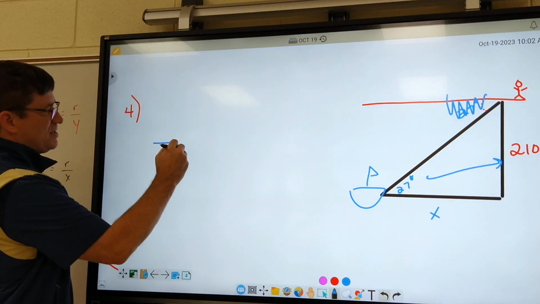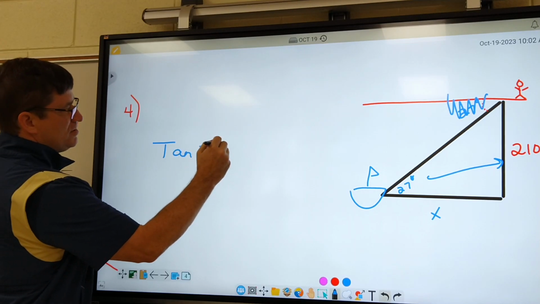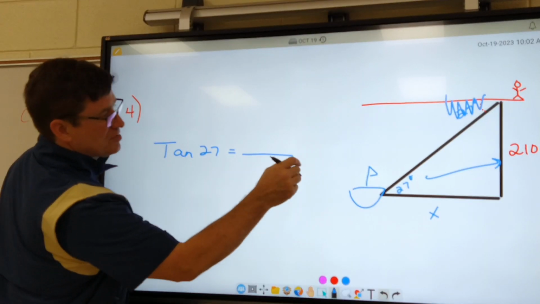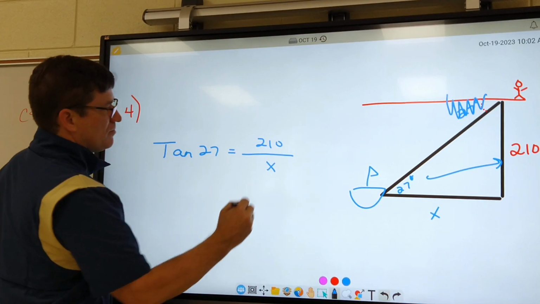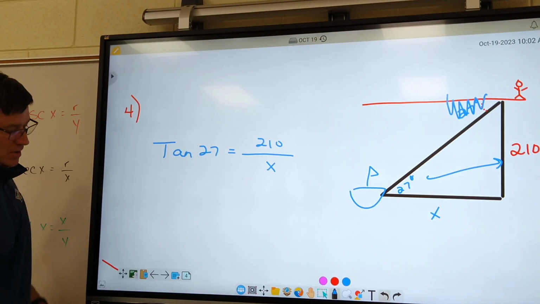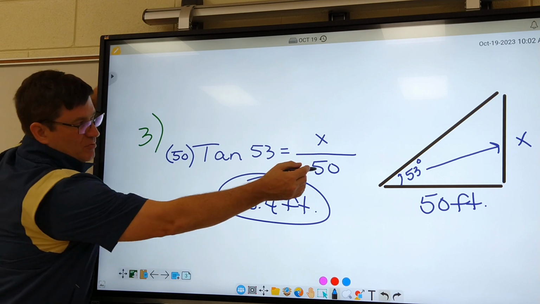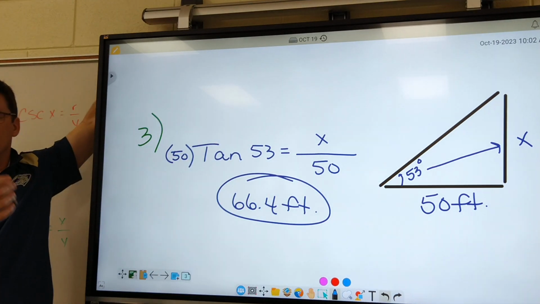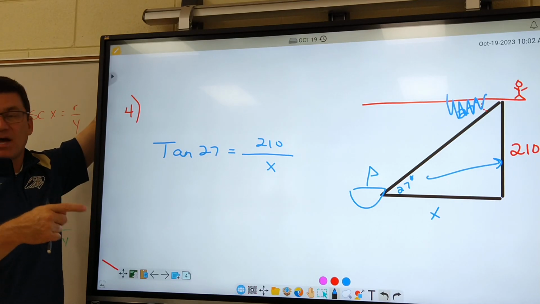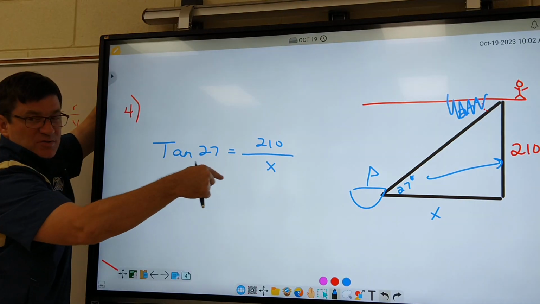All right, so we got tangent, 27 degrees equals. What goes on top? It says put opposite on top, so 210 over x. Yeah, all right, let me show you a shortcut though. On the last problem, the number was on the bottom, we just times it over. That's easy. On this problem, the number's up top. And when the number's up top, Samara, really what we're going to do is cross multiply.